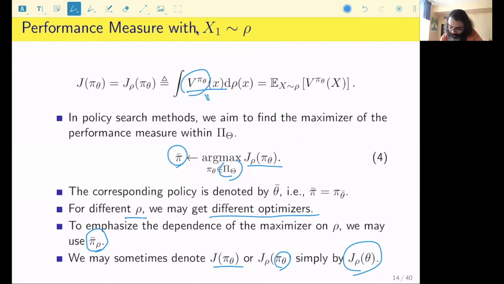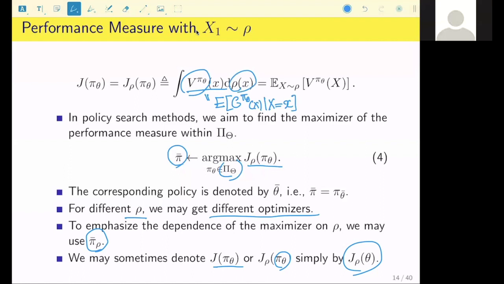So this would be the expected return if the initial state is x. And now I'm taking the average of it with respect to rho. Okay, thanks.